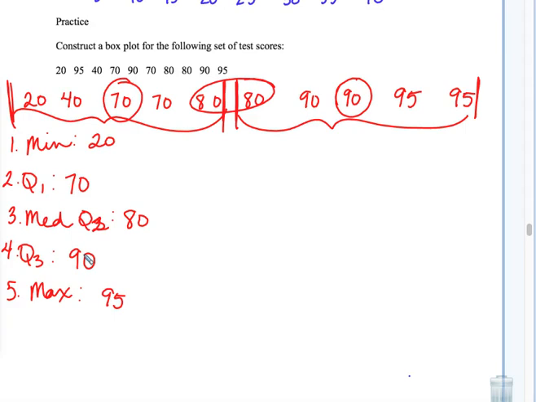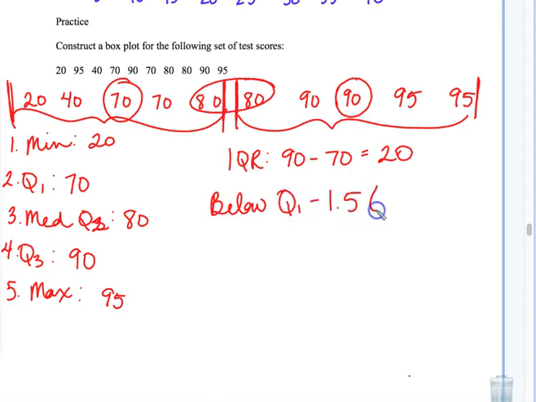So we'll go ahead and test for outliers. I need to calculate the IQR, which remember is Q3 minus Q1. So that's 90 minus 70, which is 20. And I'll use that to test for outliers by using the formula. Do I have anything below Q1 minus 1.5 times the IQR?